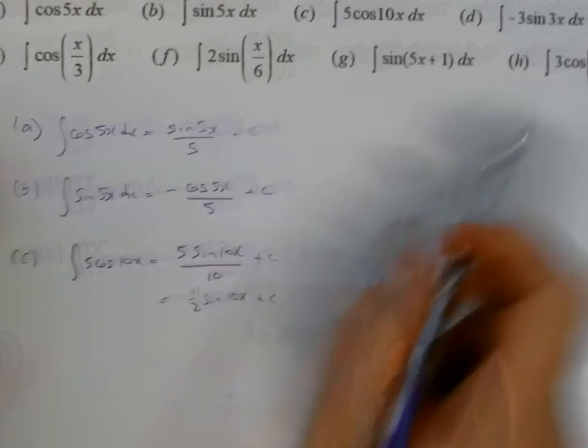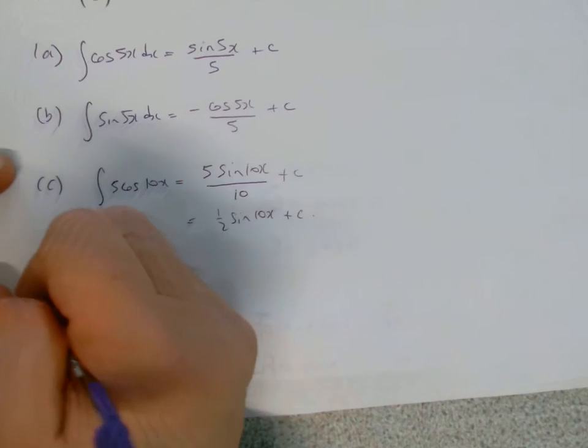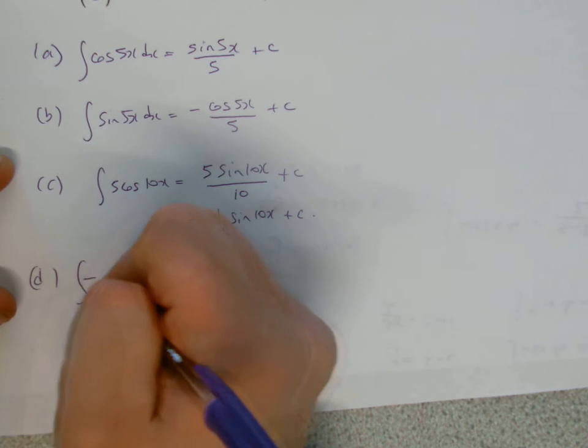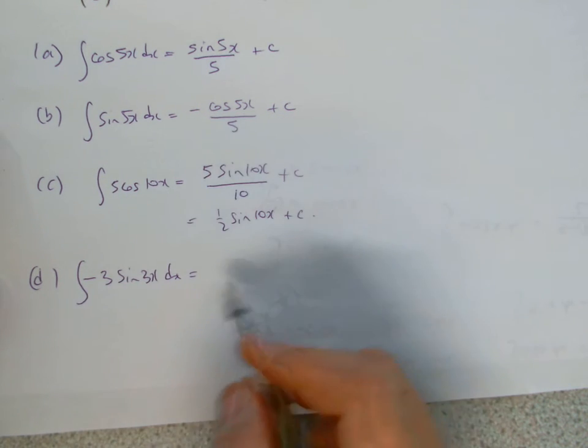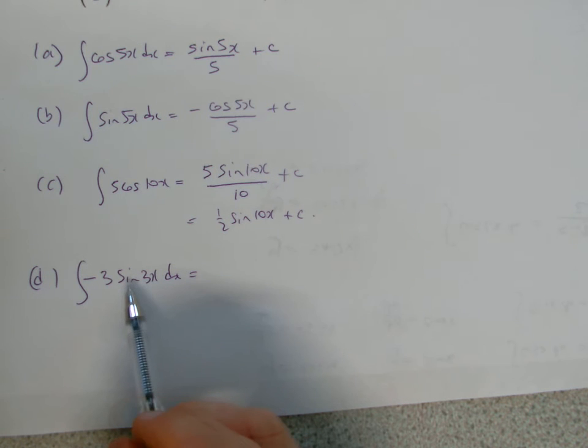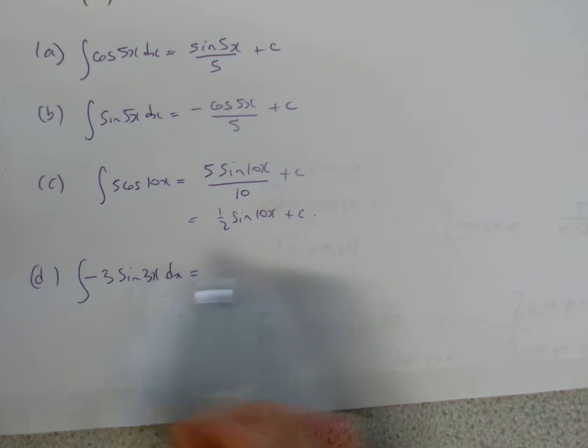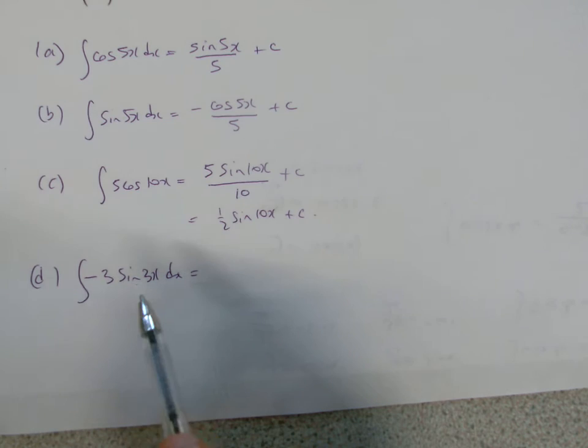Then d, I've got my d written up here, I'll write it down here. d is minus the integral of minus 3 sin 3x dx. So I've got to remember now what the sine becomes. Sine becomes minus cos, doesn't it? You've got to remember this. Sine becomes minus cos. It's always the opposite of differentiation.